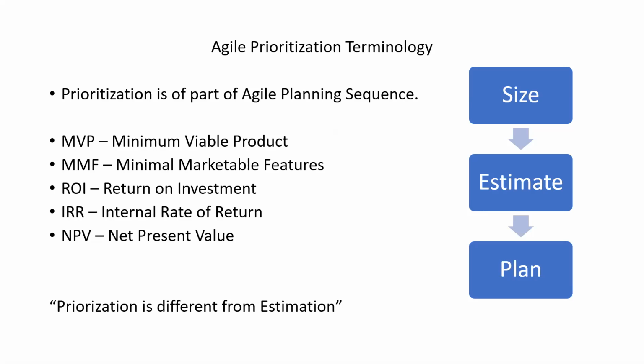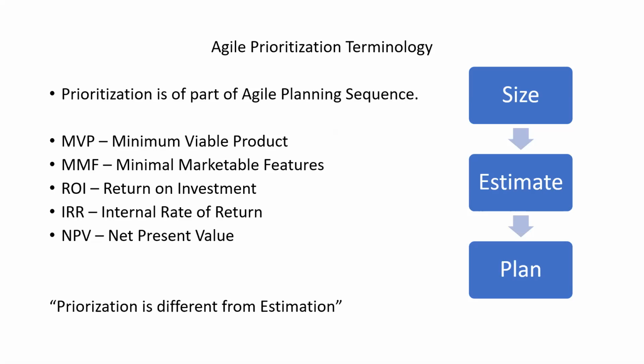Whereas the minimum marketable feature tells what is that one single feature I can release and use for marketing. In the case of a ticket selling movie website, the minimum marketable feature is a website with theaters and movies. You can easily say, hey, that theater has this particular movie.